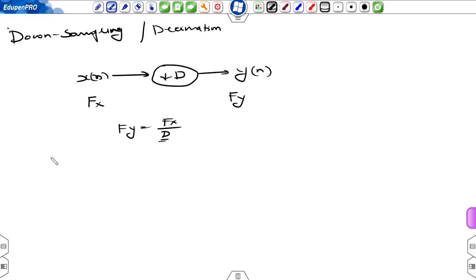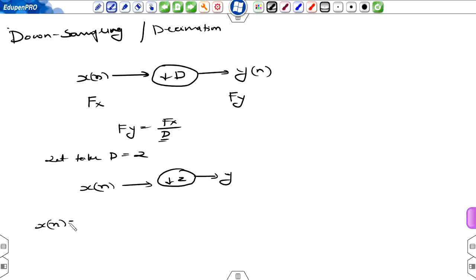Okay, so let's take d equal to 2. So the system will be represented by x[n] downsampled by 2, producing y[n], and let x[n] be defined by the sequence 7 3 5 2 9 6 and 4.